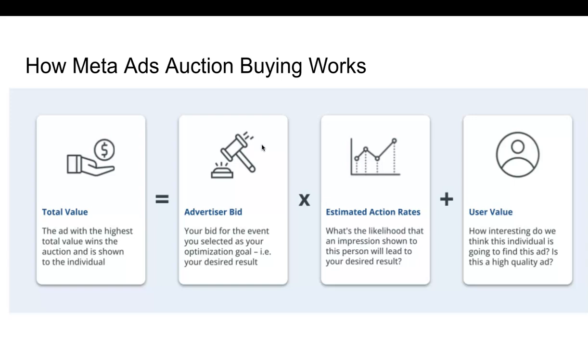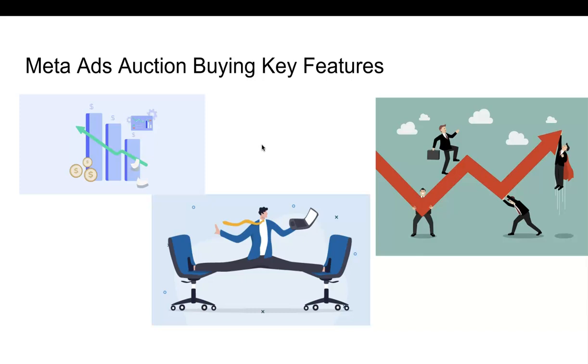Advertisers bid for the opportunity by setting how much they're willing to pay per impression, click, or conversion. So that's Meta's ad auction buying.